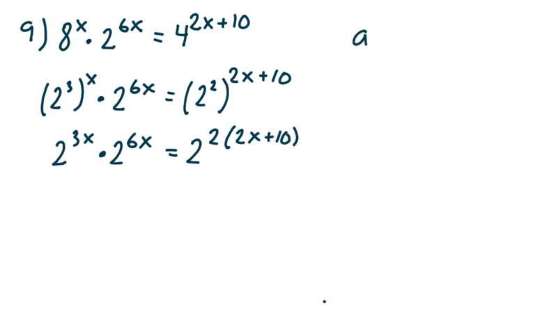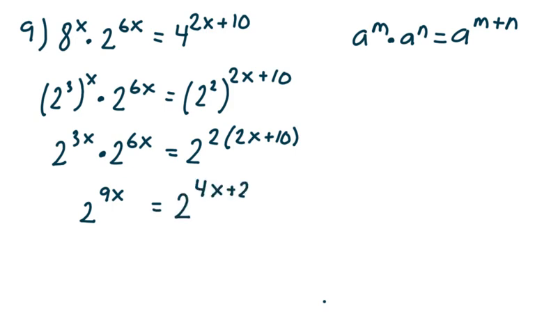But remember, a to the m times a to the n is a to the m plus n. I've had to use this multiple times. So 2 to the 9x is equal to 2 raised to the 4x plus 20, like so. Now we've rewritten both sides so that they have the same base.